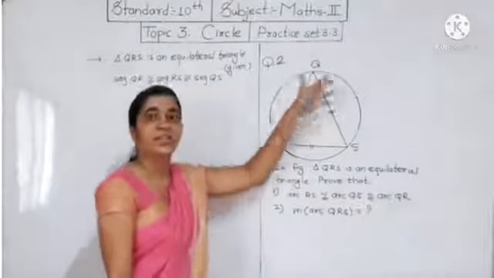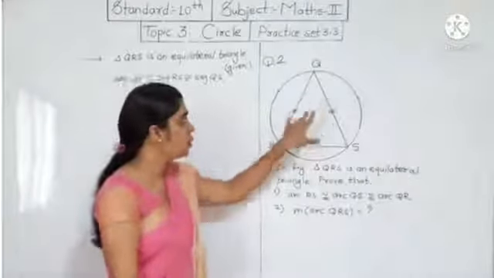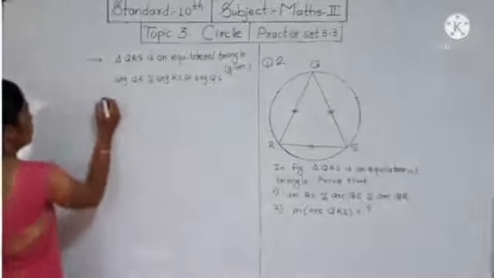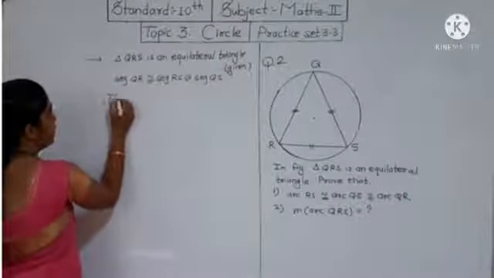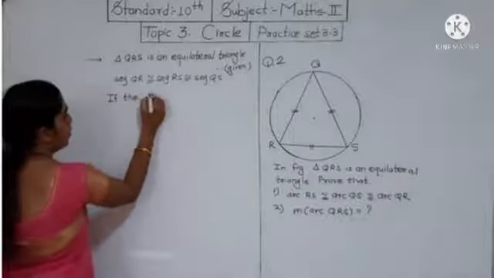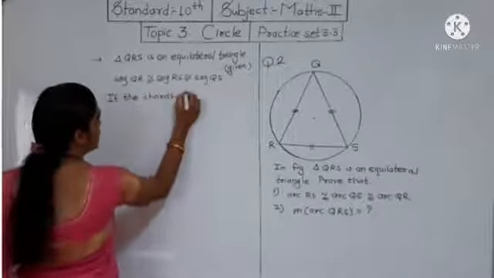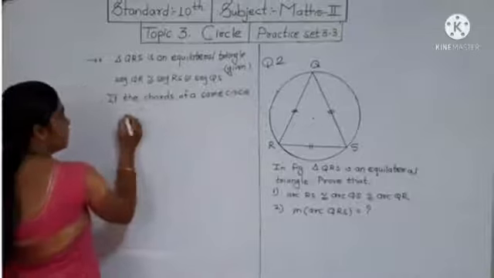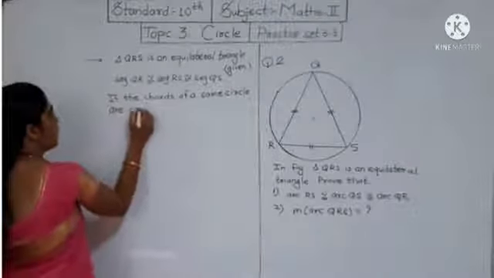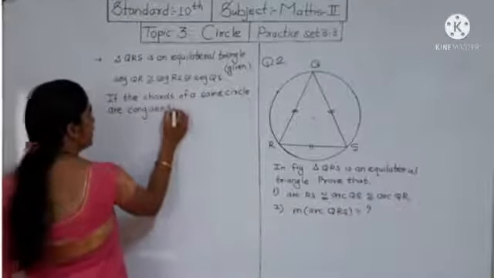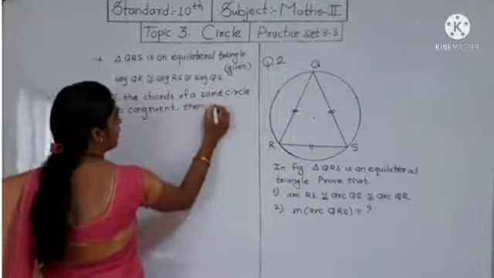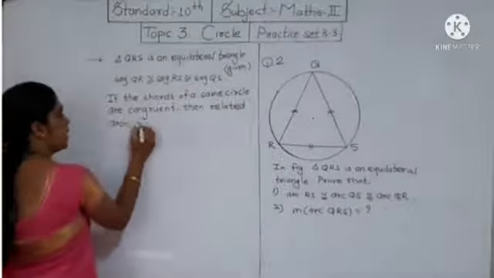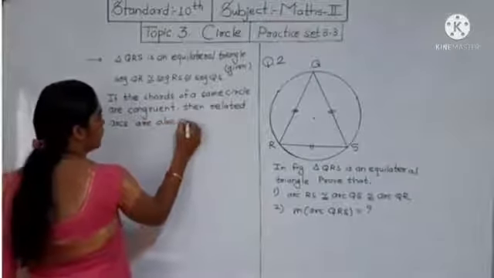And what are these segments? These segments are chords. And if the chords of the same circle are congruent, then the related arcs are also congruent. So we know that if the chords of the same circle are congruent, then related arcs are also congruent.